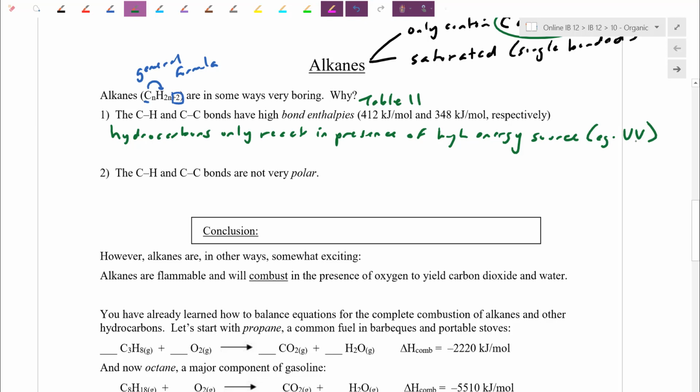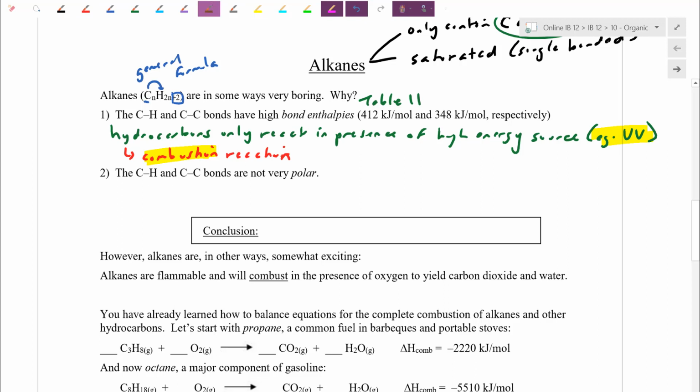Or the first example we're going to see is a burning reaction, a combustion reaction. Although I might need to provide the activation energy just to get it going, it's just going to release so much energy here that's going to be enough to actually start breaking bonds. So outside of a high energy source like UV or outside of combustion, alkanes are actually fairly inert.